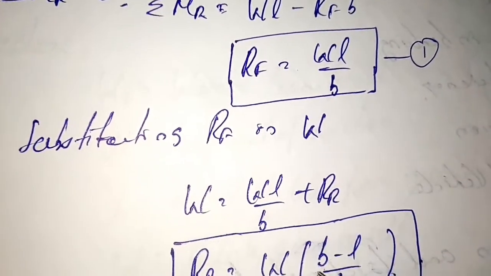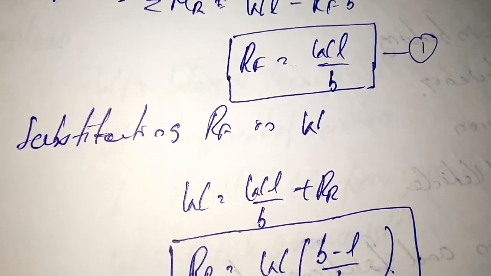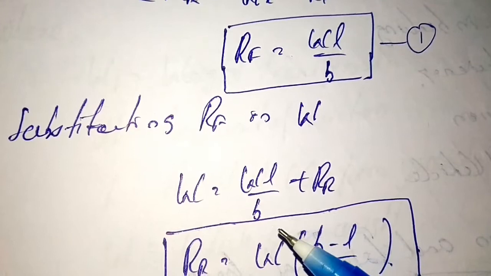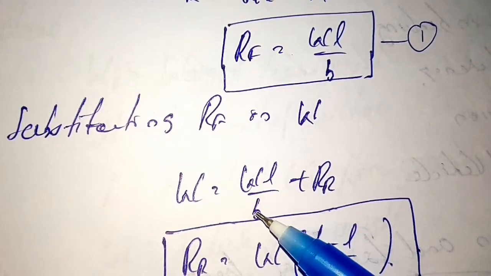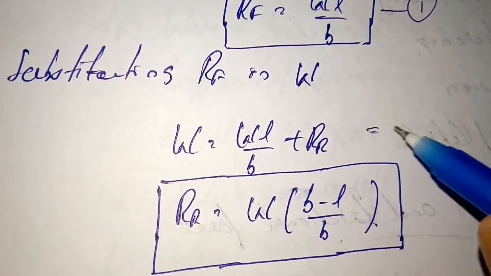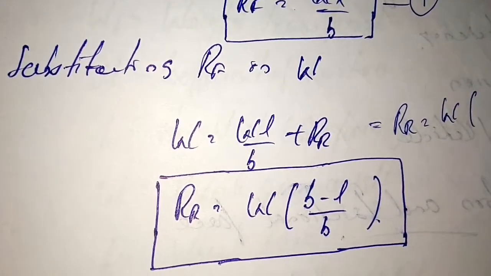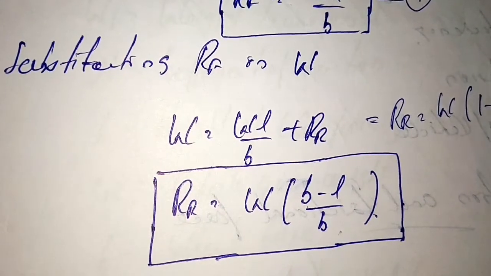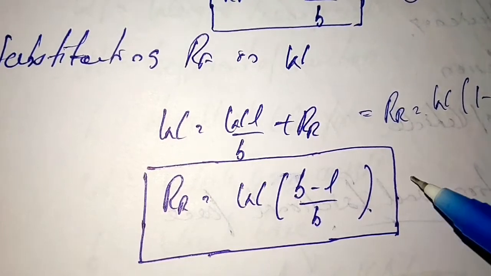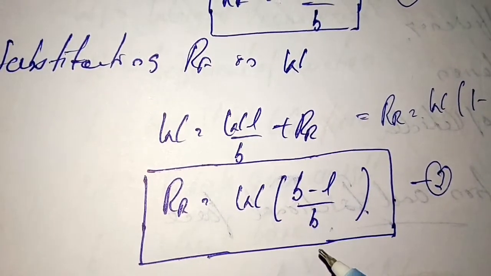So it will be W into B minus L by B, because from here we can write Rr is equal to W into 1 minus L by B, so it will be B minus L by B. So we can write the reaction at rear wheels as Rr equal to W into B minus L by B.